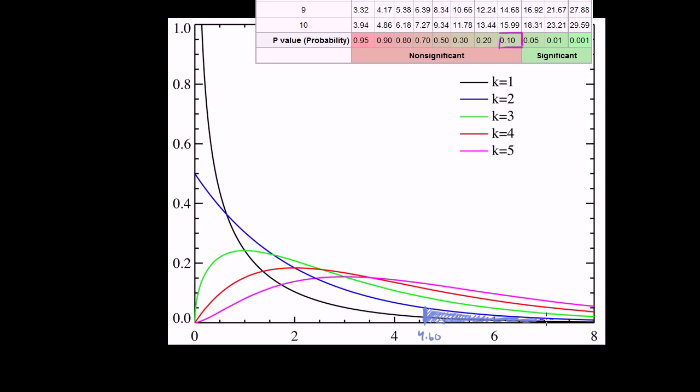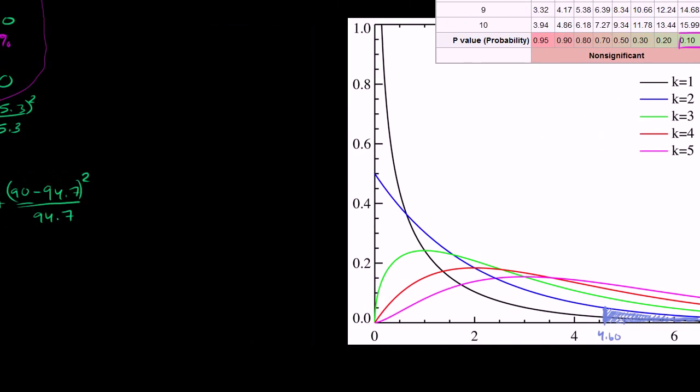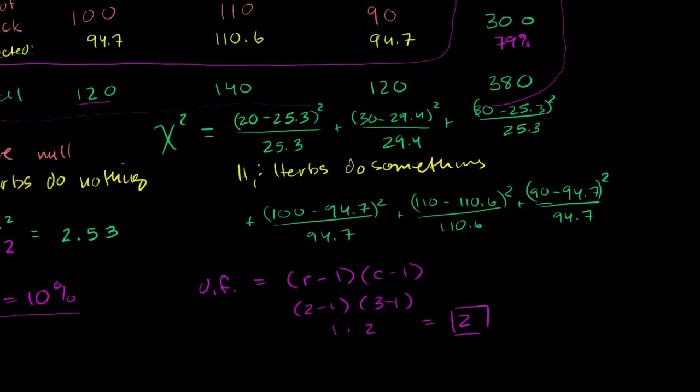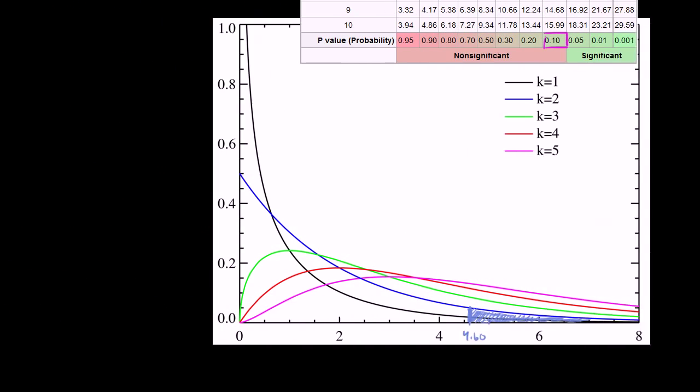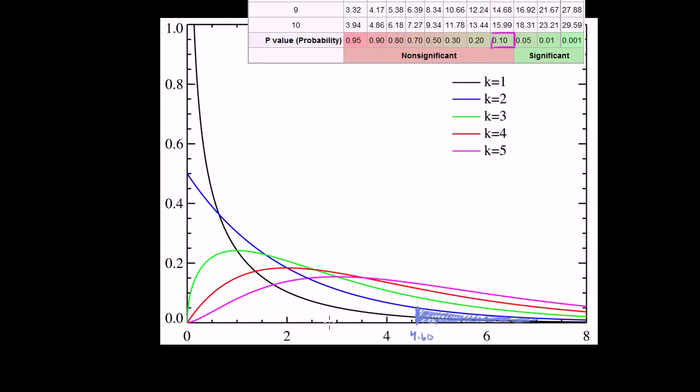Now, if the chi-square statistic that we calculated falls into this rejection region, then we're going to reject the null hypothesis. But our chi-square statistic is only 2.53. So it's sitting someplace right over here. It's not that crazy to get it if you assume the null hypothesis.